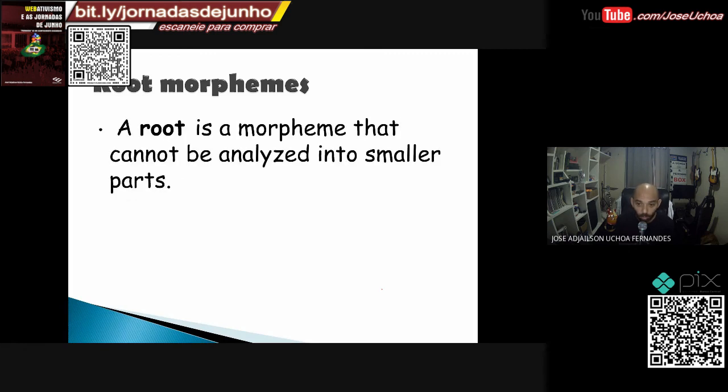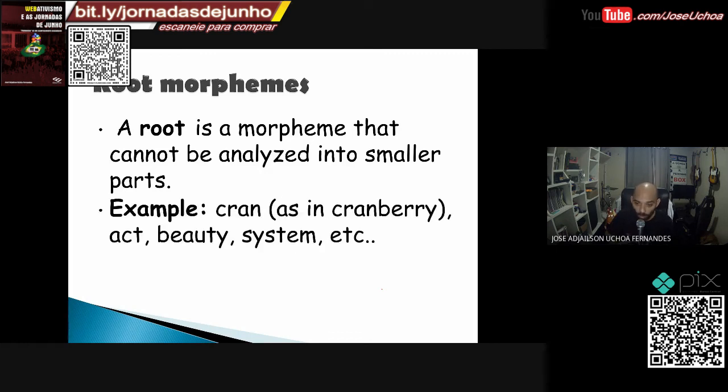A root morpheme is consecrated as a free morpheme. A root is a morpheme that cannot be analyzed into smaller parts. Generally, it is a free morpheme, okay? Although sometimes we have words like cran, as in cranberry, okay?